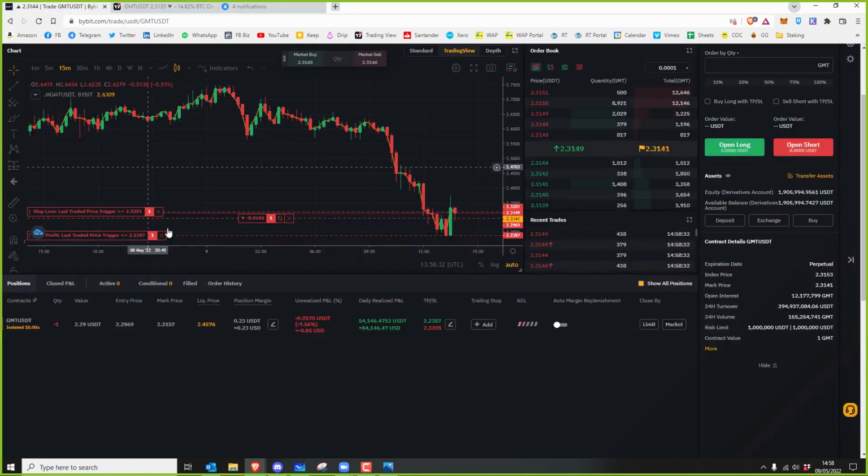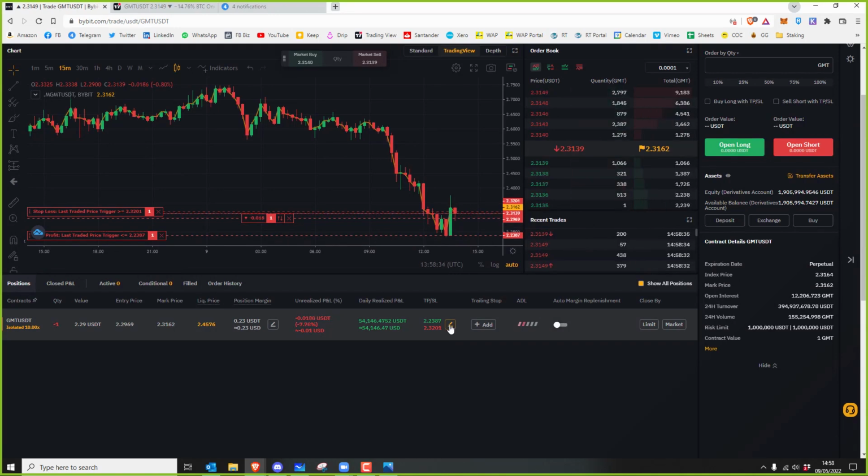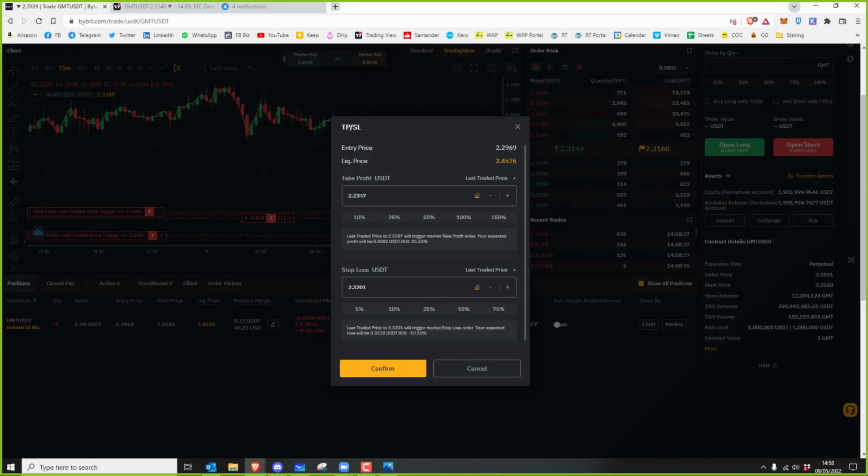You can simply click this edit button on the TPSL, and it'll tell you how much you're going to make. You're going to make 25 cents pretty much on this particular trade.